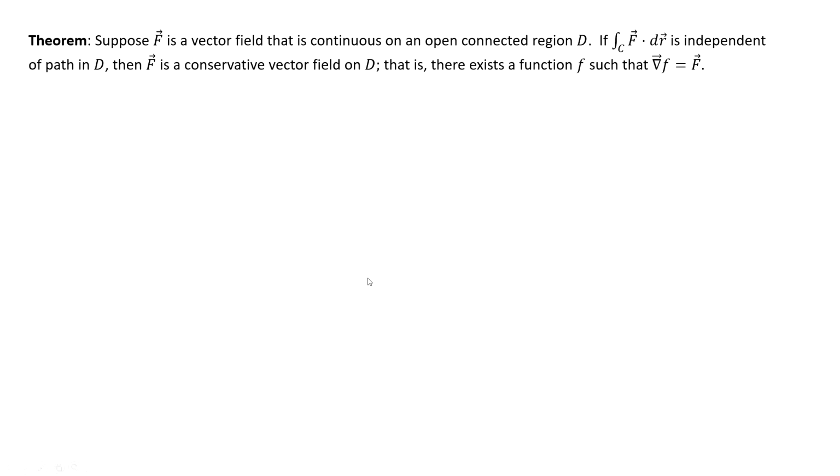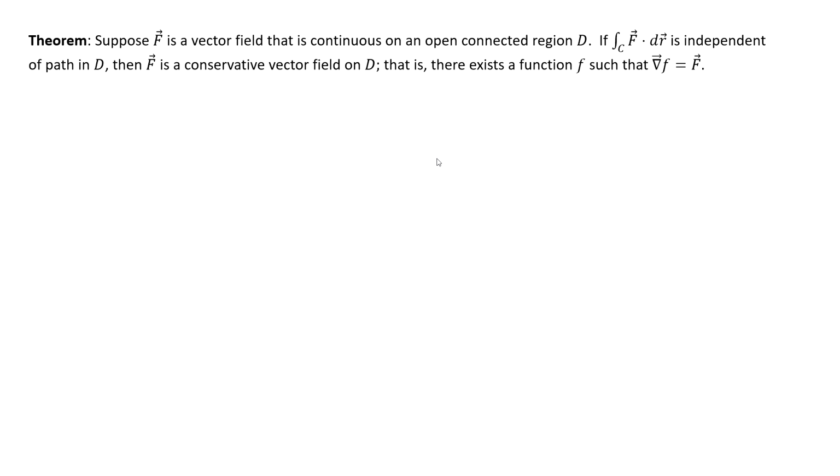Suppose F is a vector field that is continuous on an open connected region D. There's a region and it's all connected. There are no discontinuity sort of things. Connected region itself, I can spend a lot of time.